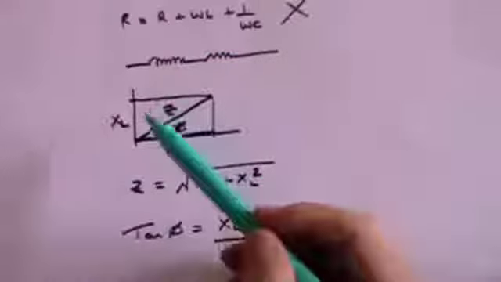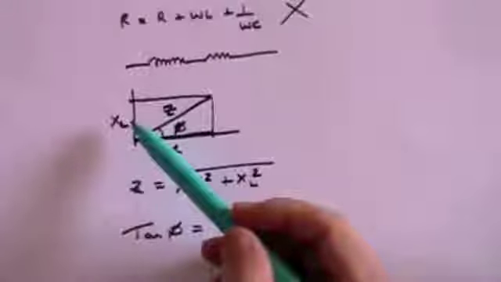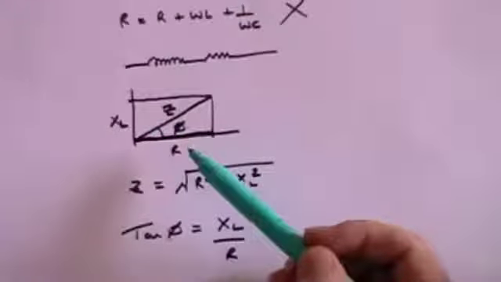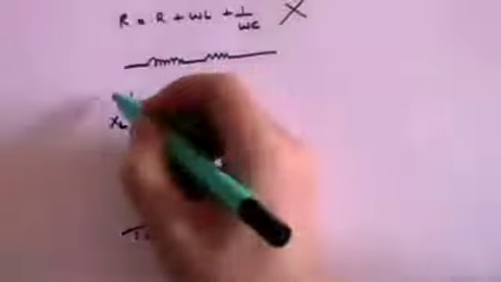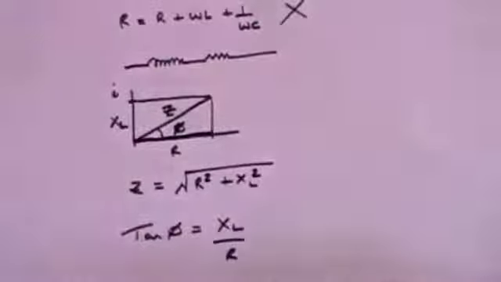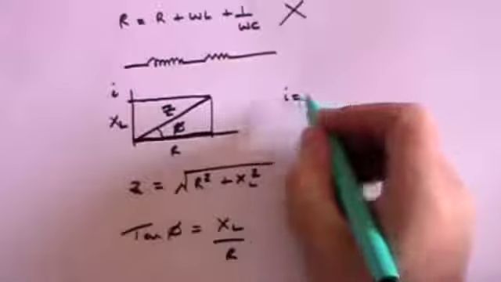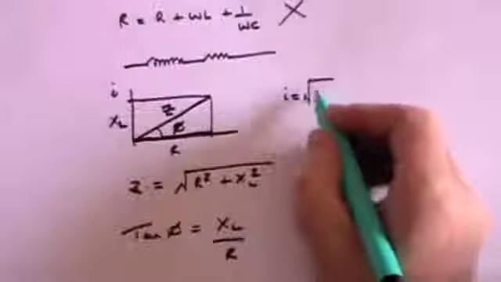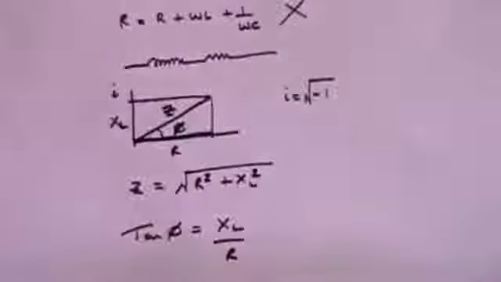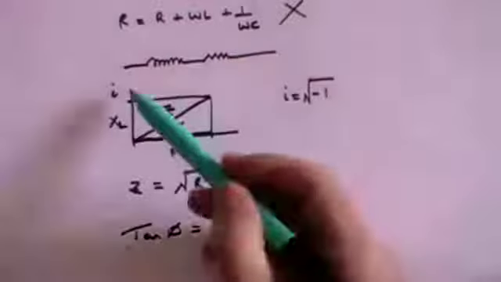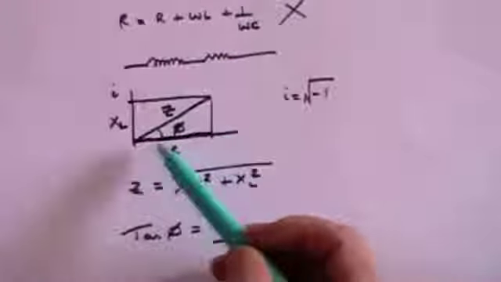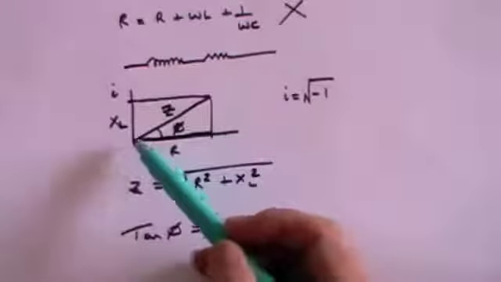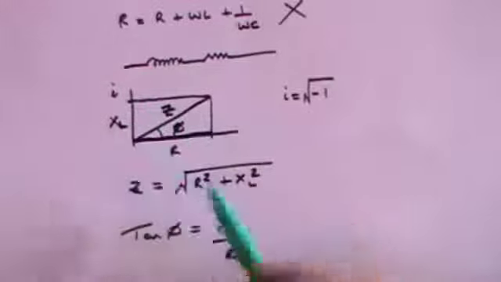Now, in order to ensure that we don't ever mix up the reactance and the resistance, what we do is we draw the reactance on the y-axis, which is often called the imaginary axis. For those of you who don't know, the i is the square root of -1. And since the square root of -1 doesn't exist, it's called an imaginary term. So we tend to draw an imaginary axis and a real axis, and we put the resistance on the real axis and we put the reactance on the imaginary axis.